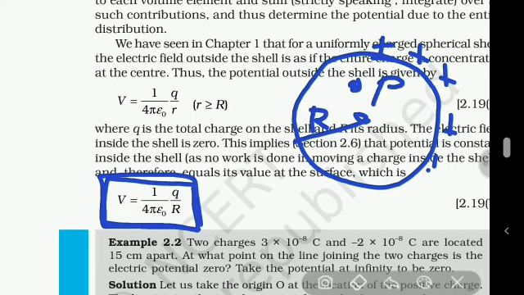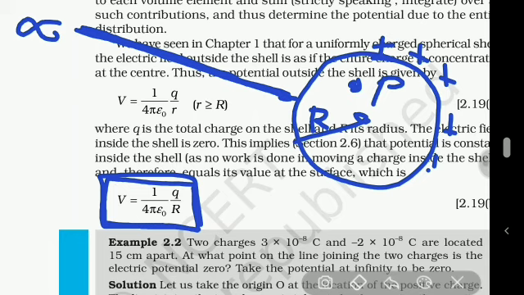It is because according to the definition of potential, we have to bring a unit positive charge from infinity to a given point. So in that process, when we move that unit charge from infinity to the surface, work is required to be done on that unit charge, and so that work done is stored in the form of potential.